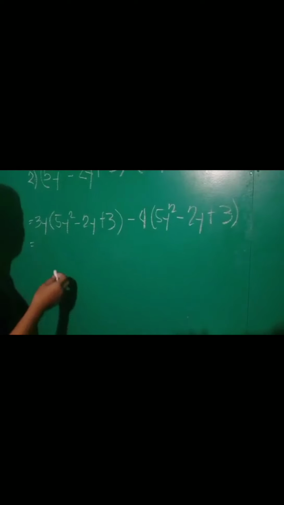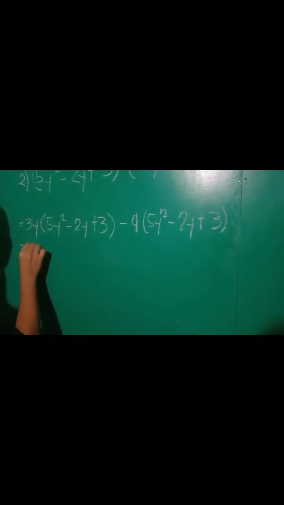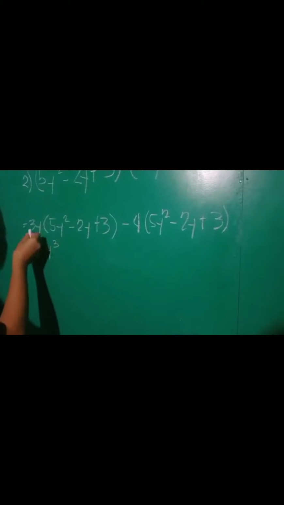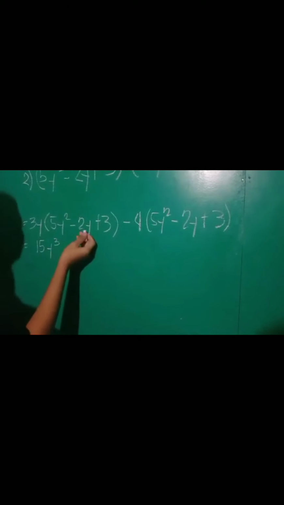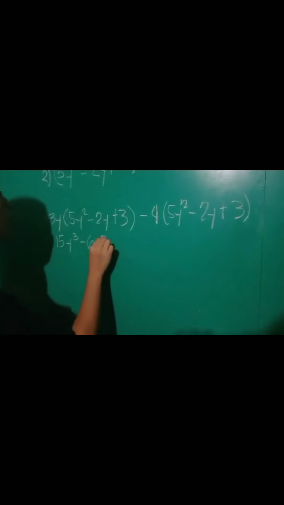Let's distribute it. 3y times 5y squared equals 15y cubed. Next, 3y times negative 2y equals negative 6y squared.